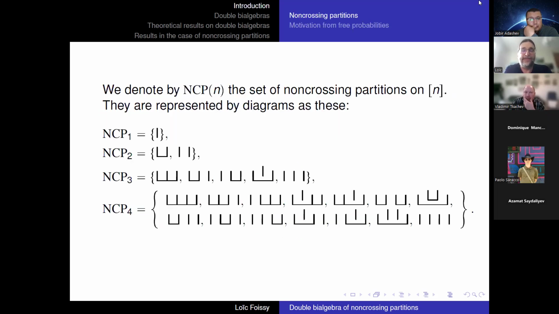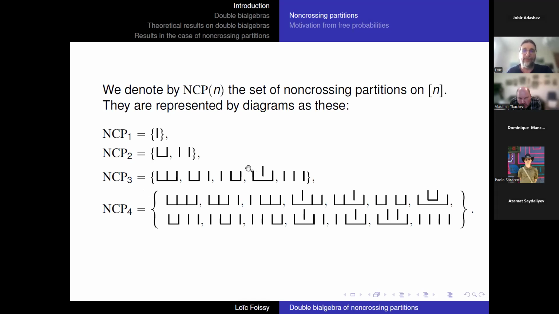So what are non-crossing partitions? These are set partitions of an integer, and they are non-crossing. This means, for example, you cannot have 1 and 3 in a block and 2 and 4 in another block. This would give a crossing. You represent them like this, with a sort of grafting of graphs.